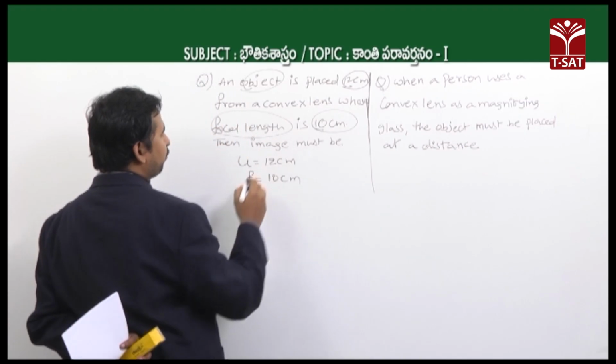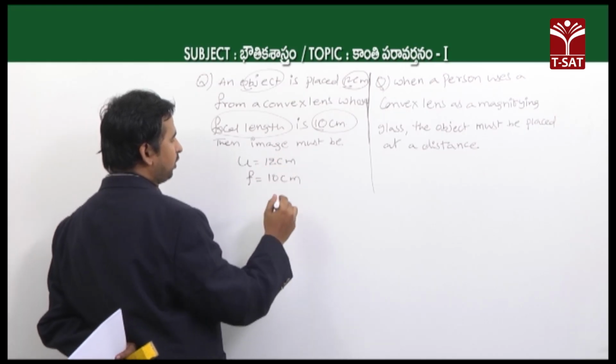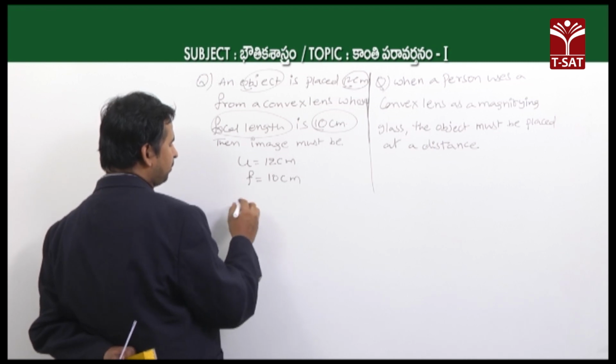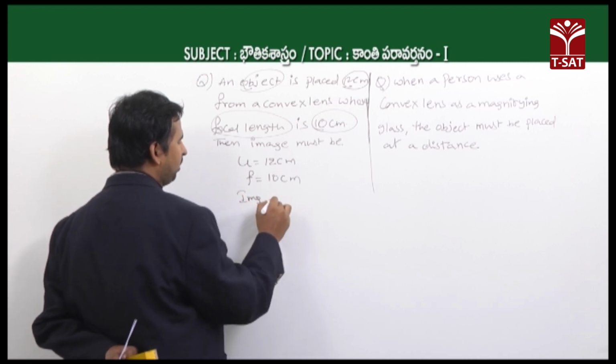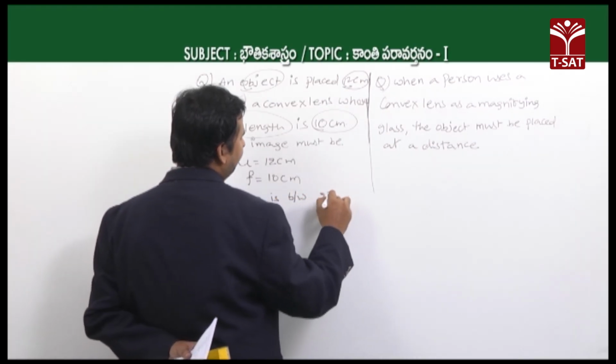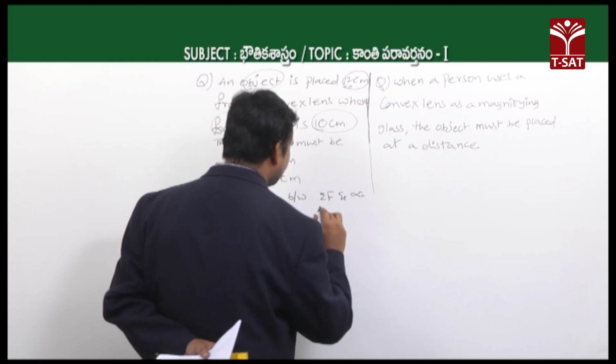As given, the focal length is 10 and the object is placed in between f and 2f, or f and the center of curvature. The image distance is between 2f and infinity, which means beyond 2f.